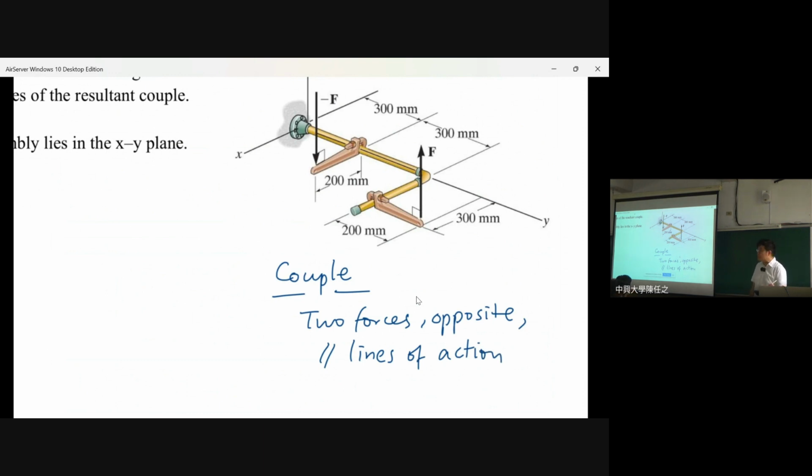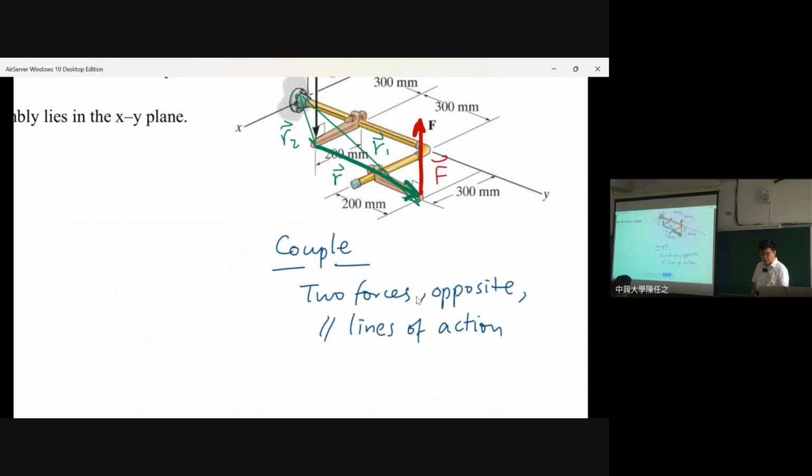Of course, strictly speaking, if you want to calculate the couple, you only need to take care of this R cross F, right? But if you are not that confident, you can do it in 2 steps. You work on R1 and then R2.